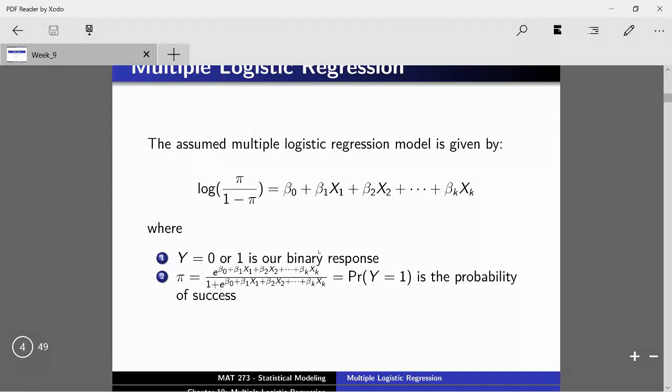And if we solve using Euler's number e here to solve for pi, you would find through a lot of algebra that pi is equal to this quantity here, where it's e to the power of this whole summation here. And this is called the inverse logit function.